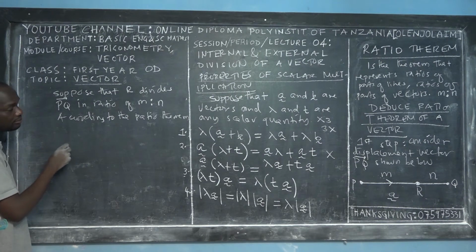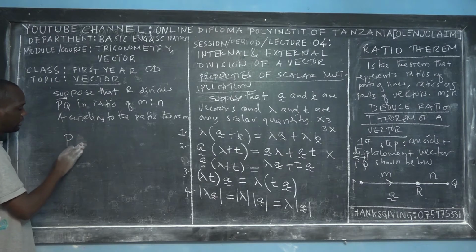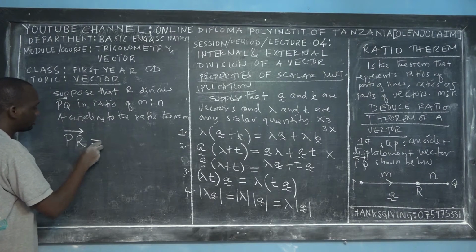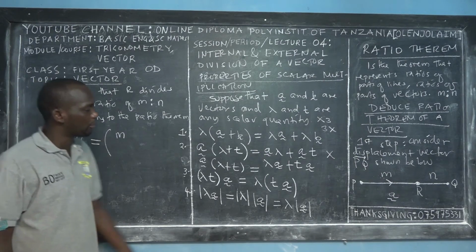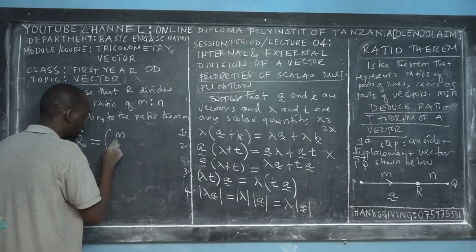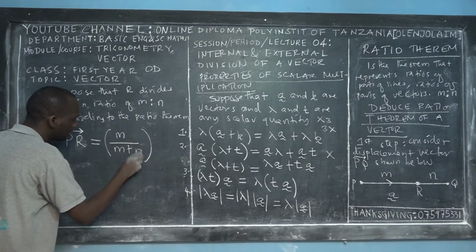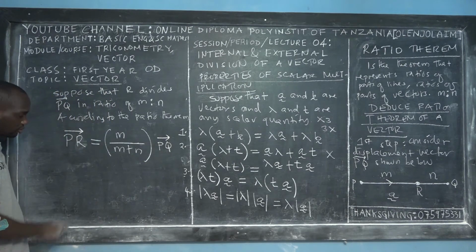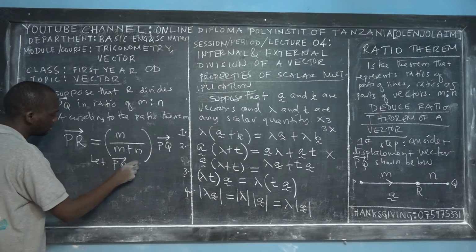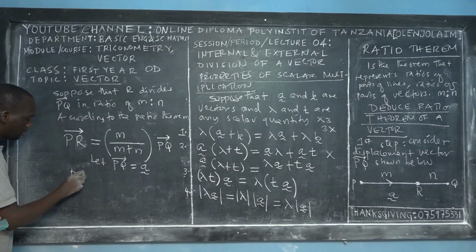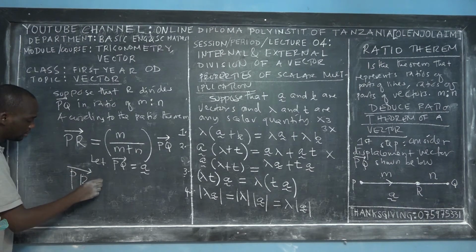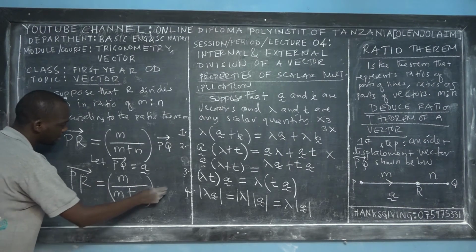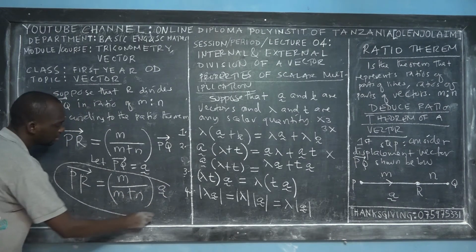The ratio theorem says that if I want to know the part of the vector PR, then it is equal to the ratio at that particular point, which is M, divided by the sum of the ratios, multiplied by vector PQ. As you say there, since vector PQ is equal to vector A, the ratio theorem for the part of the vector PR is given as M over the sum of the ratios, multiplied by vector A. Very important in the ratio theorem for your life.